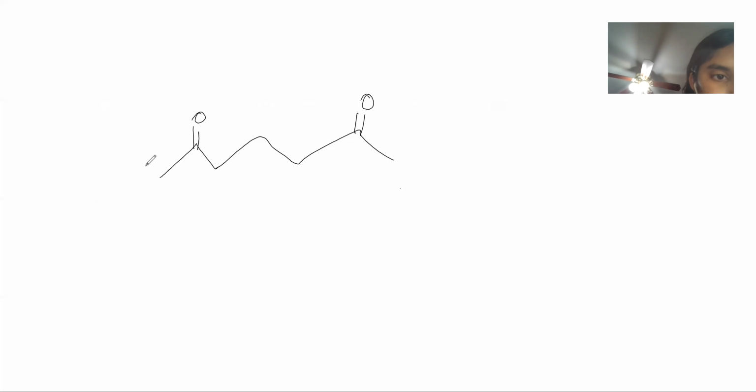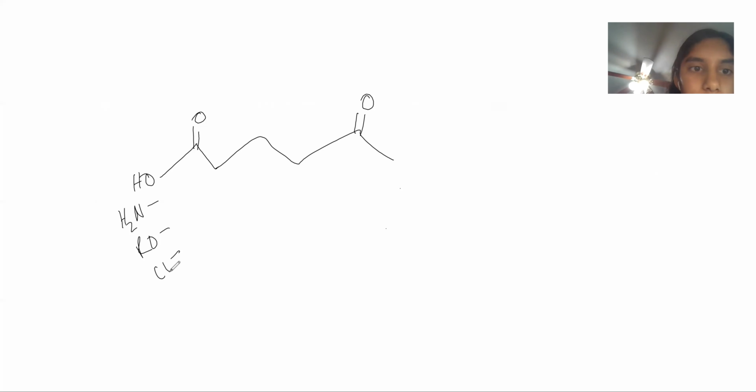So if this group was any, it could be an OH, it could be an NH2 because that's an amide. It could be an ester. I'm forgetting if there are any other derivatives, like an acid halide, I would feel.